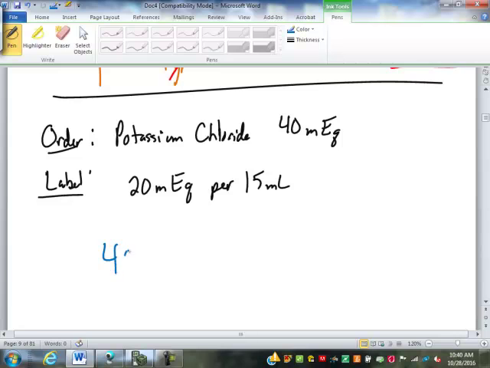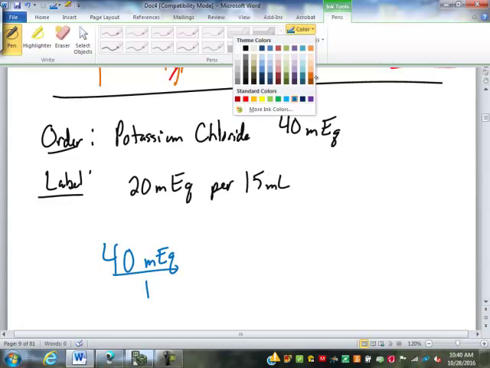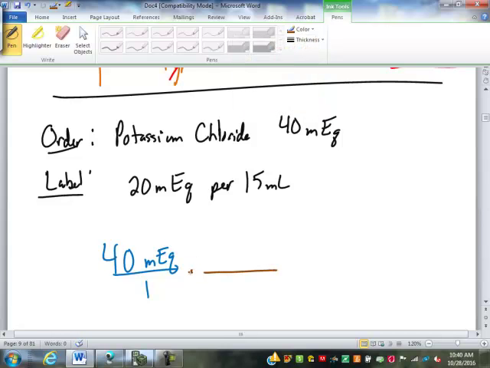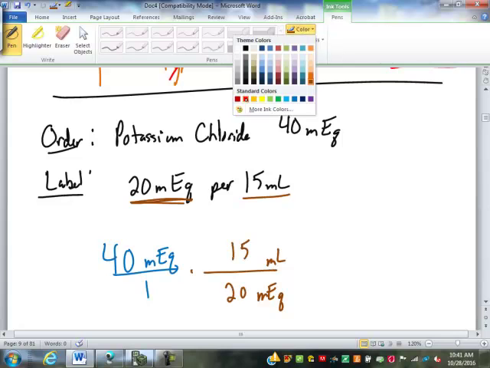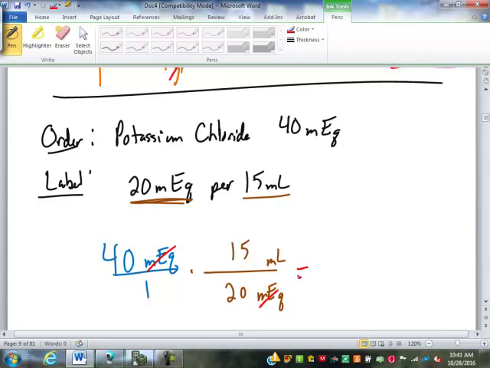So we're going to take our order of 40 milliequivalents and put it over 1. I'm going to put milliequivalents on the bottom here to get rid of them. And our label relates milliequivalents to milliliters, so milliliters will be on top: 20 milliequivalents to 15 milliliters. Now, if you like to cross-cancel in your fractions, you can cross-cancel the 20 and 40.